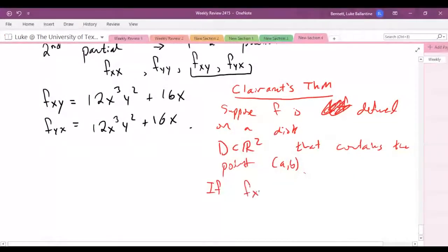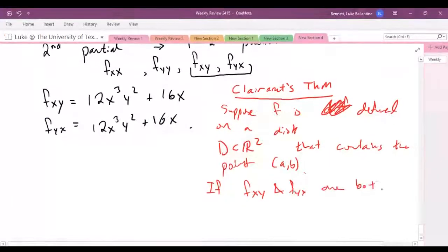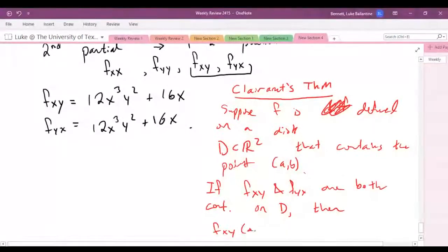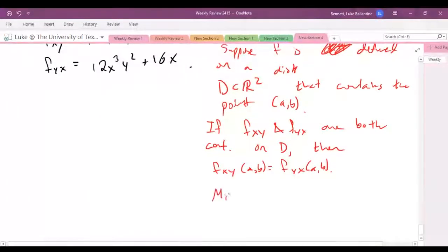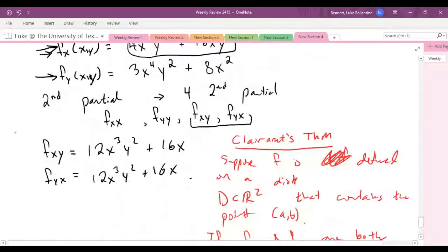If f sub xy and f sub yx are both continuous on D, then f sub xy of (a,b) equals f sub yx of (a,b), i.e. mixed partials are equal. And we just observed that right here.